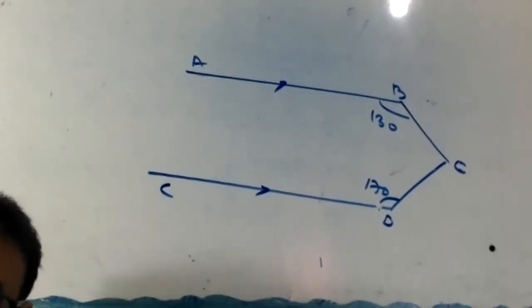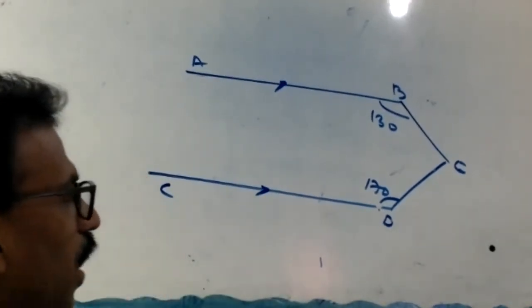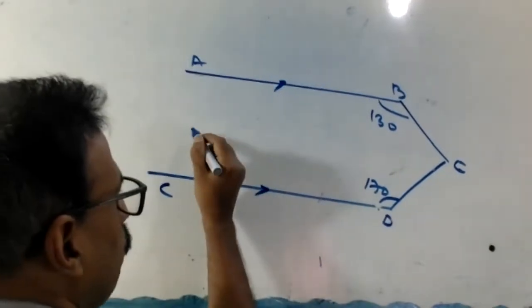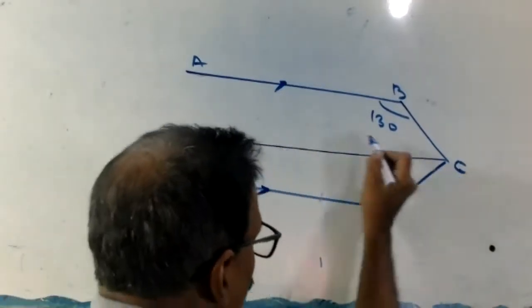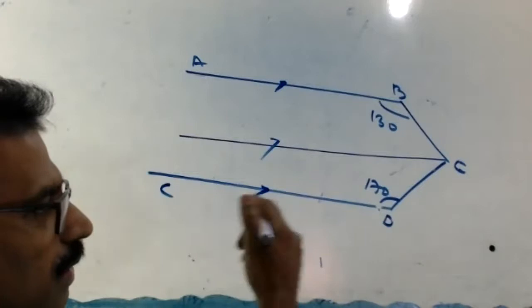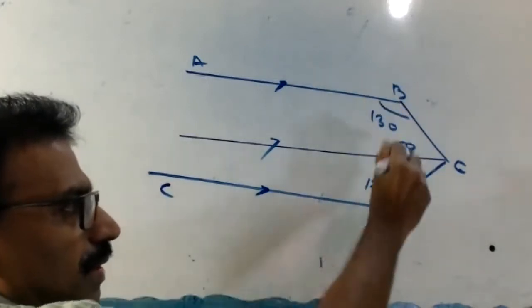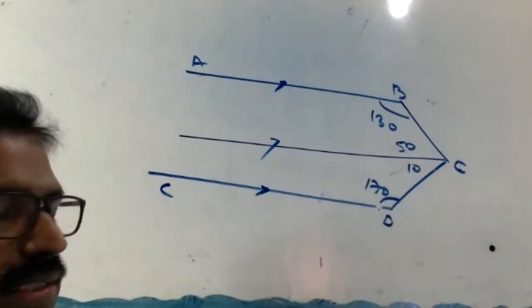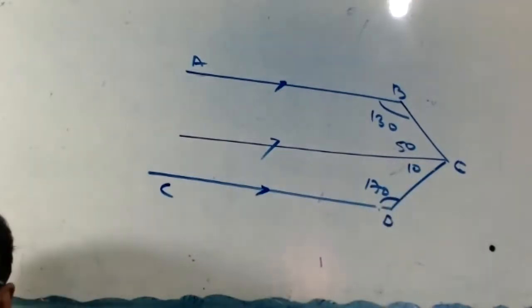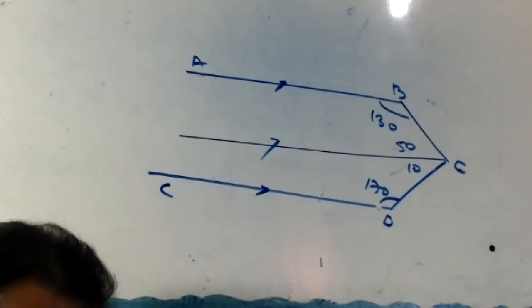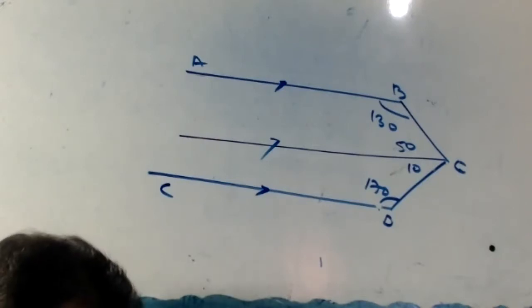Okay, look at here. If not getting, listen. You draw a line parallel here like this. Now this is all parallel. Here is 50. Okay, 130 plus 50. Here 10. So answer what? 60 degrees. Okay. So next question.